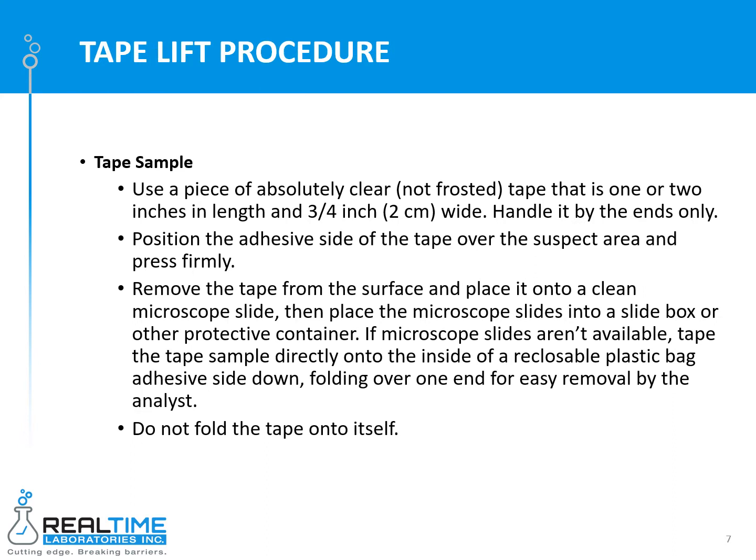Another procedure is the tape lift procedure. They use a piece of absolutely clear, not frosted tape, that is 1 or 2 inches in length and 3/4 inch wide, and they handle it by the ends only, and they position the adhesive tape over the suspected area and press firmly.